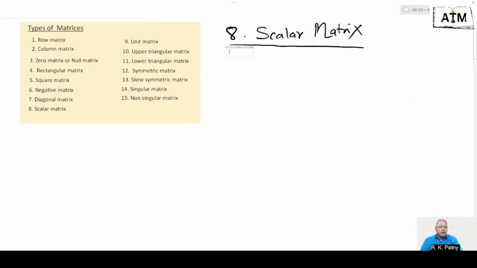Now next one is the scalar matrix. Scalar matrix is also like a diagonal matrix only. For example, A equals to here is 0 0 0 0 0 and 0, but along the diagonal, in case of a diagonal matrix we have seen there was no condition whether they are equal or not equal, but in case of the scalar matrix all the elements along the diagonal have to be equal, they must be equal.